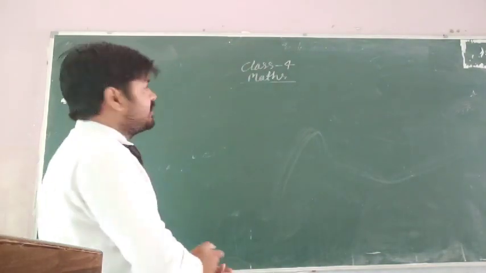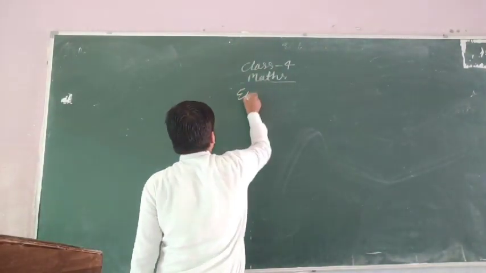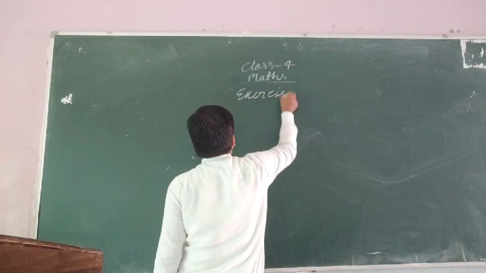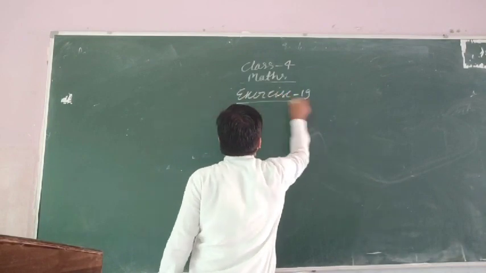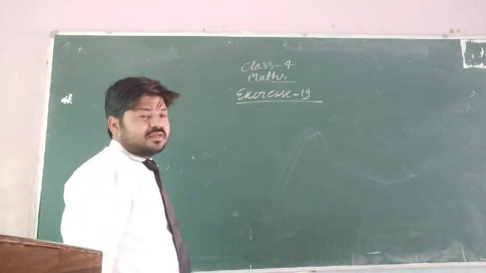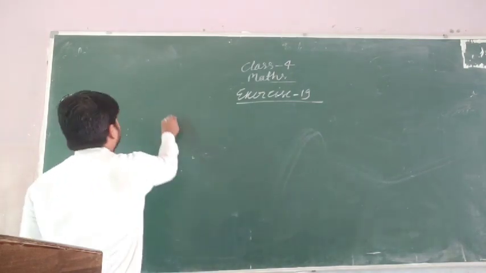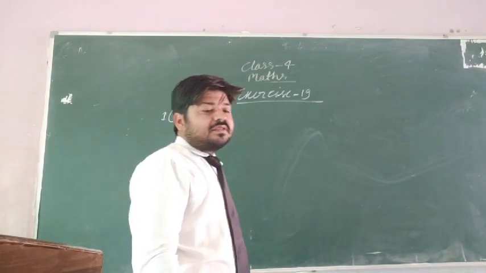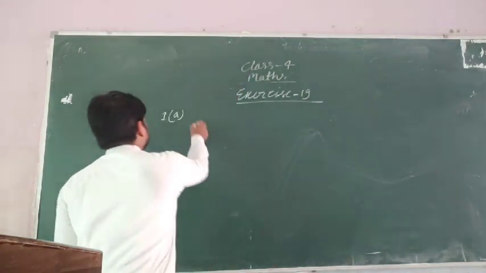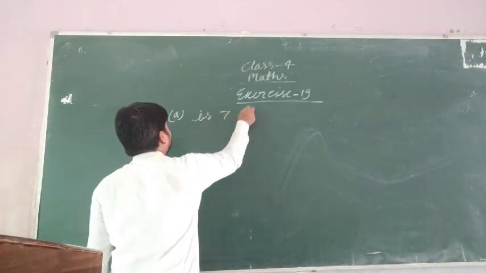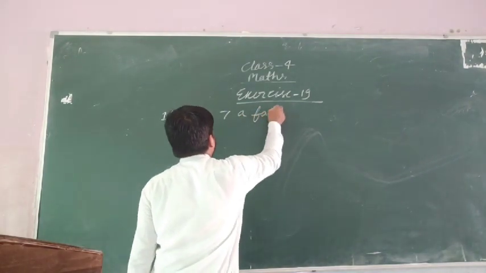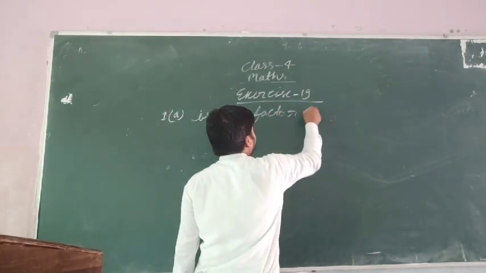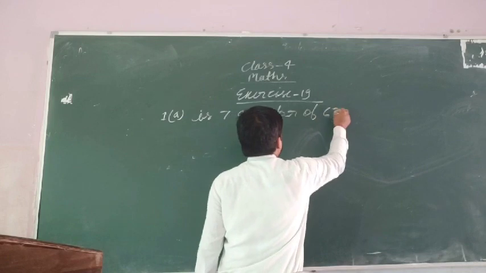So first question is this, exercise 19. First question, first A. Is 7 a factor of 63?